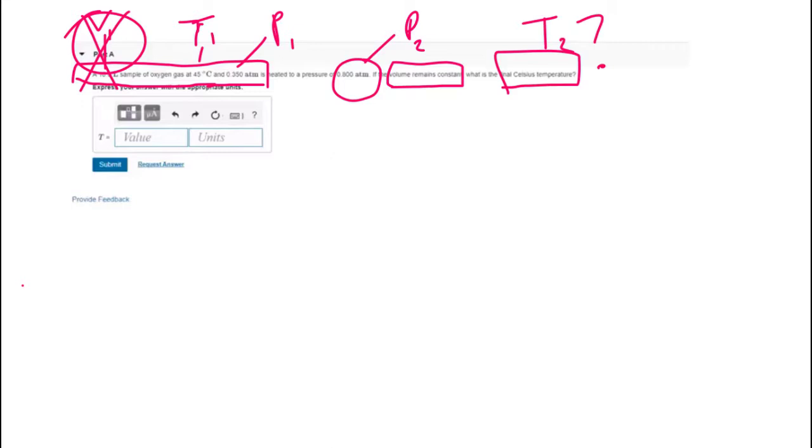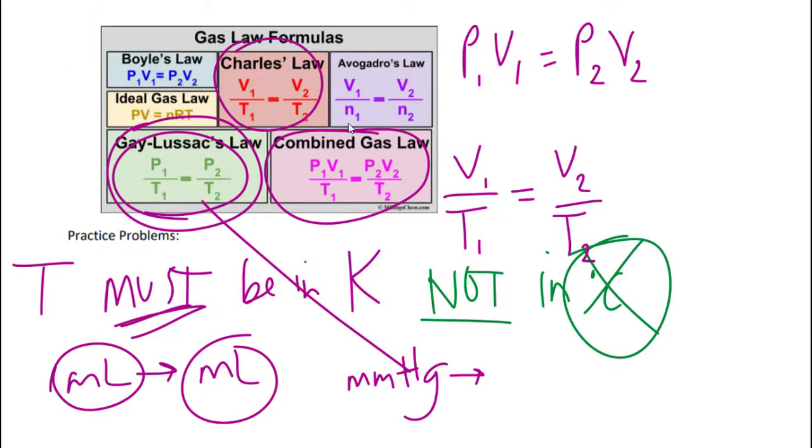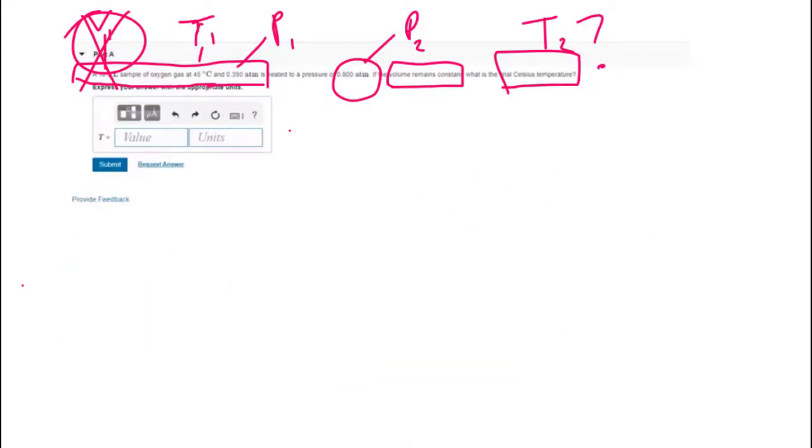So I'm going to flip back to this and look at, okay, temperature and pressure, temperature and pressure. Here we go. We're going to use this where I have P1 over T1. So P1 over T1 equals P2 over T2.